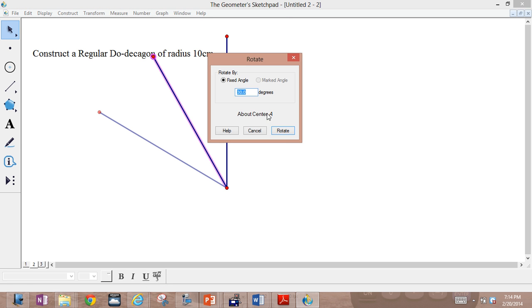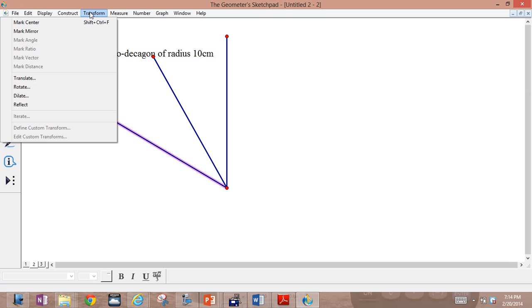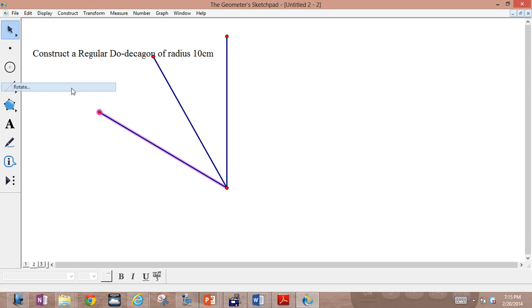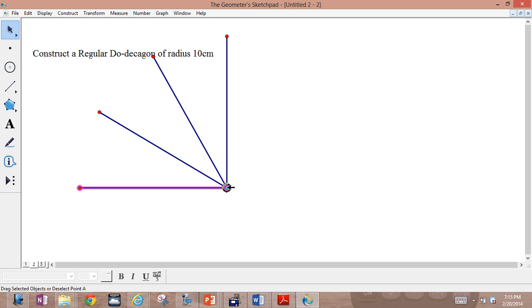Again, till you come all the way around. Rotate, transform, rotate through 30 degrees, and so on and so forth. I'm not going to go through the whole thing. You got the idea.